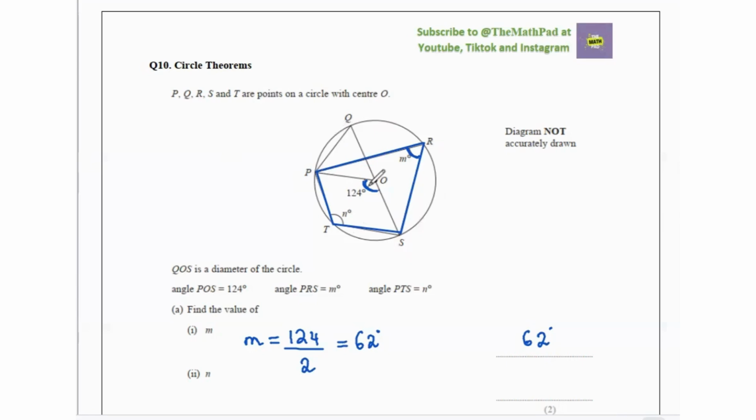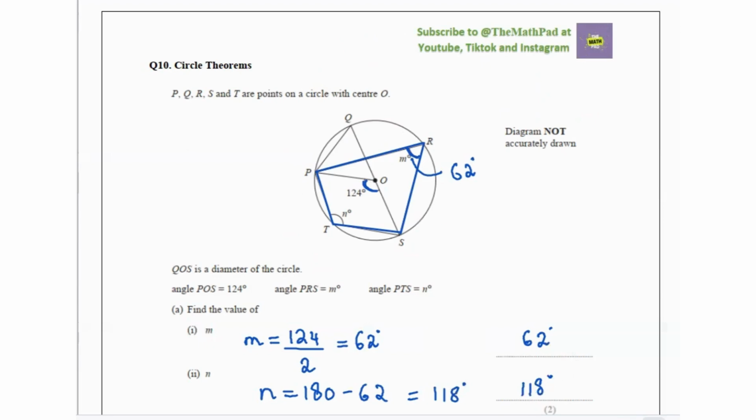And for the cyclic quadrilateral, just remember all four vertices need to touch the circumference for you to apply the rule that opposite angles add up to 180. So since we know m, which is 62, n would be 180 minus 62, which gives us 118.